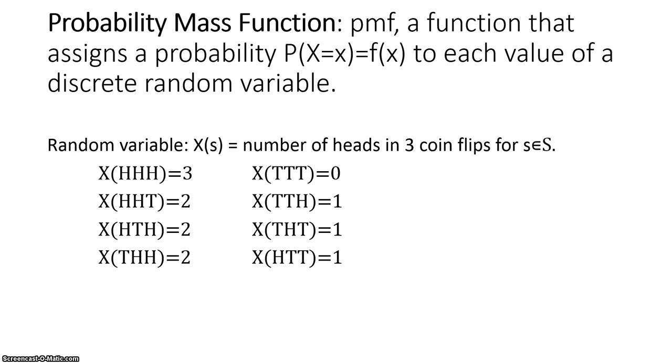So we can see that these values, our little x's, are going to be 0, 1, 2, and 3. And the PMF is going to assign probability to each of those possible outcomes. Since we have 8 equally likely outcomes here, our probability f of x for 0 is going to be 1 out of 8, because there was only one outcome that resulted in 0.